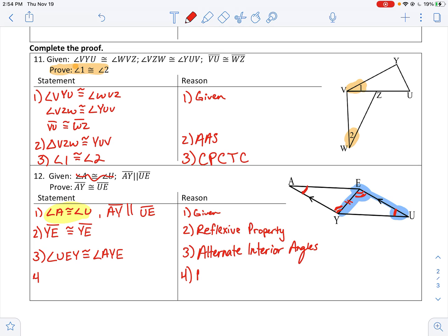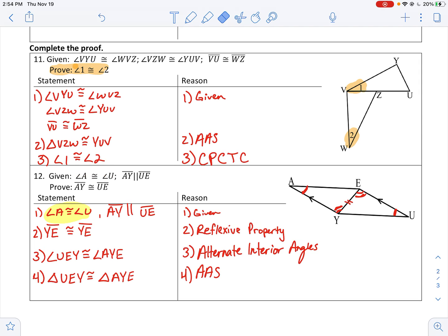I can say now that I have angle, angle, side congruence. So if I have angle, angle, side, then those two triangles had better be congruent. So AEY, or I guess I could say UEY, is congruent to AYE by angle, angle, side.